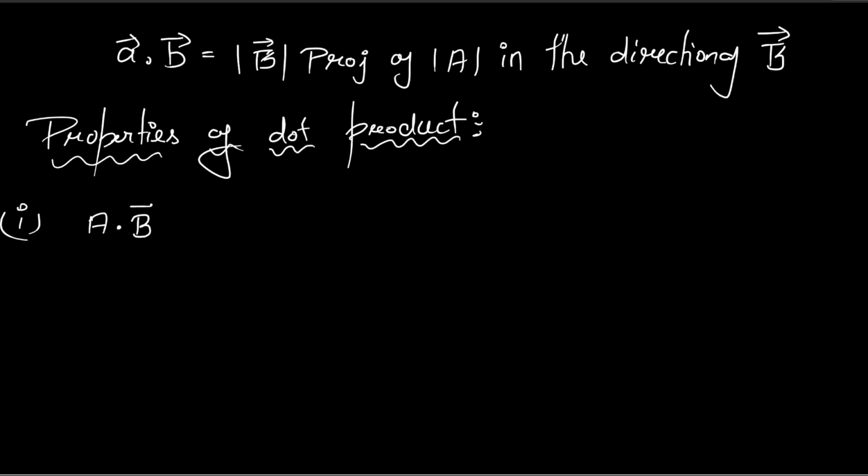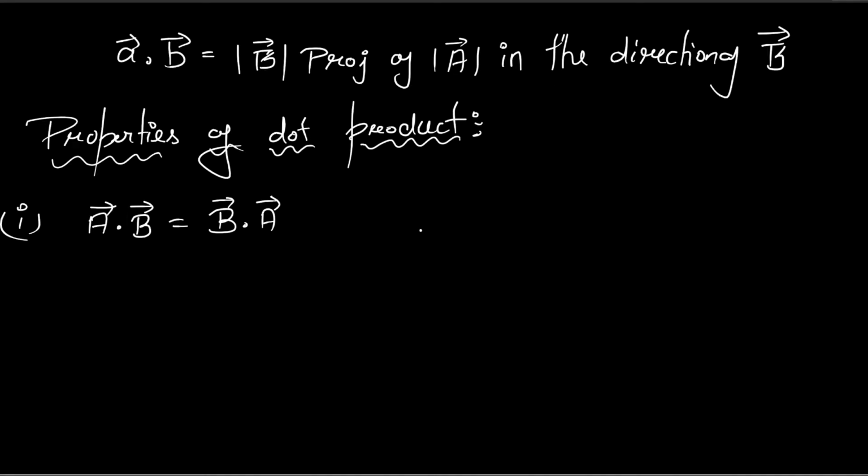A dot B is equal to B dot A. So from the above statement, you can also reciprocate it. If I replace B vector by A, then you can also say the magnitude of the A vector times the projection of the B vector in the direction of the A vector.